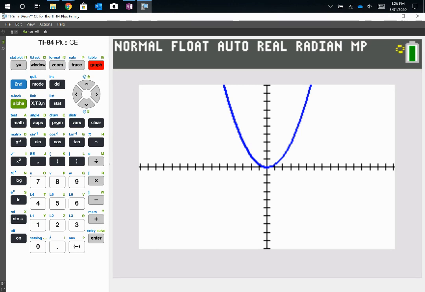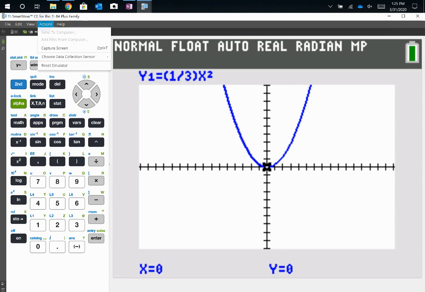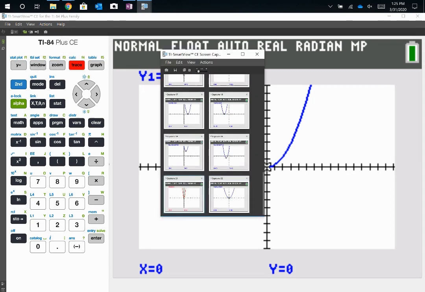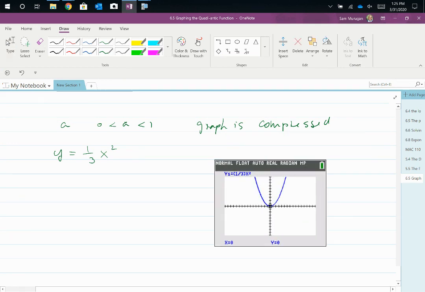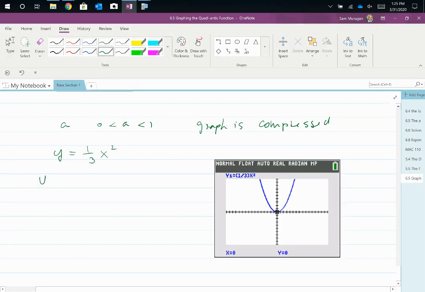However, it does not change the fact that the vertex is at 0, 0. Vertex still remains at 0, 0, and the axis is still at x is equal to 0.